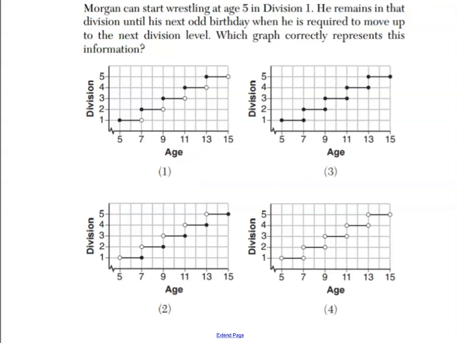So here's an example of a test question. Morgan can start wrestling at age 5 in Division 1. He remains in that division until his next odd birthday, when he's required to move up to the next division level. Which graph correctly represents this information? So let's see. He can wrestle in Division 1 while he's 5, and then he moves up on his odd birthday.